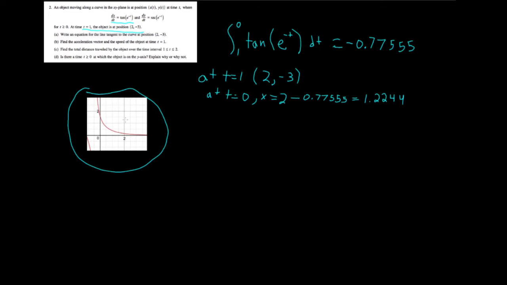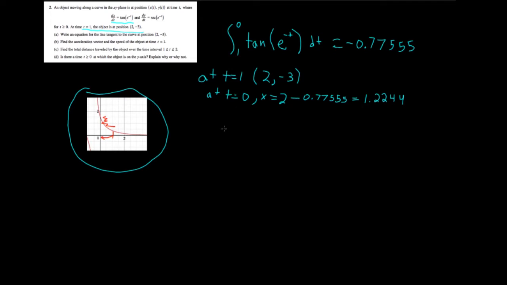Alright, so we know that t greater than or equal to 1 is always going to be a positive x value and not equal to 0. So for the rest of the problem, all we need to do is find out if from t equals 1 or less, towards 0, x will be equal to 0 in this area. So they give us that at time t equals 1, the x value is 2.